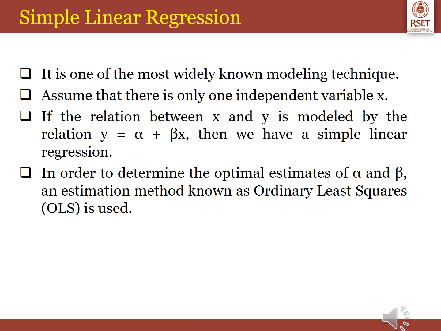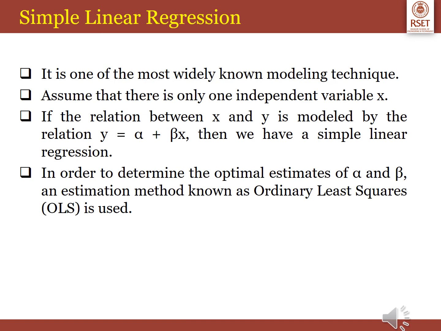Simple linear regression is the most widely known regression technique. It assumes that there is only one independent variable x. Therefore, the relationship between the independent variable x and the dependent variable y can be modeled in the form of a straight line. Then it will satisfy the equation y = alpha + beta x, where alpha is the y-intercept and beta is the slope of the straight line.